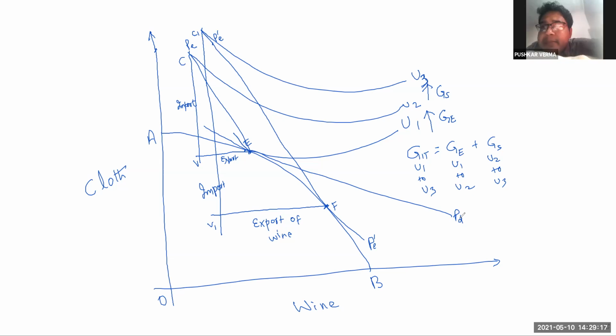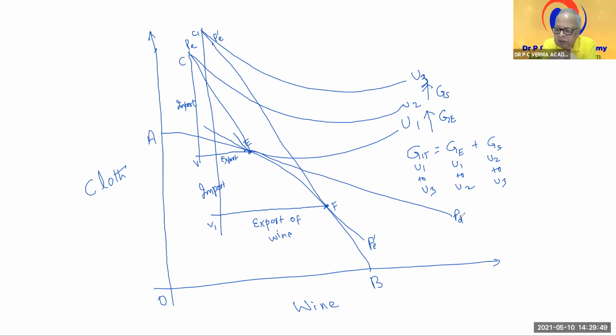Sir, after specialization, the equilibrium point of production will be at F, and the equilibrium point of consumption will be at C1 point. Yes, at C1 point, which is still higher than the previous condition because more quantity is exported and more quantity is imported.